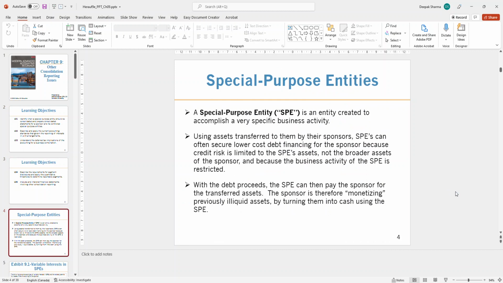So what are special purpose entities? Special purpose entities are the entities or corporations that are created for certain purposes. The purposes could be any, and we are going to look through some examples. For reporting purposes, a lot of changes have happened since the IFRS came into effect.